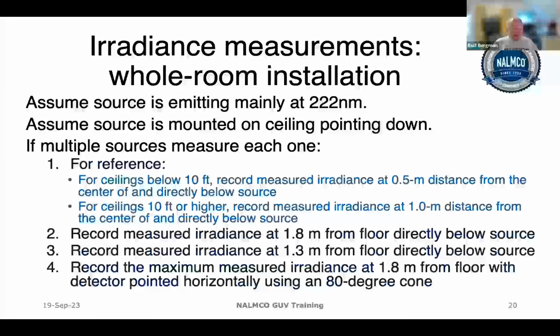This is important because you want to simulate what the eye sees, and the eye doesn't see 180 degrees. Remember, the eye is sunk in a socket, and the eyelid above it is positioned such that light doesn't come into the eye until you get within 40 degrees of normal to the eye. So that's why the 80-degree cone.